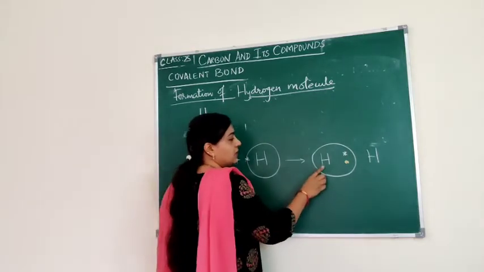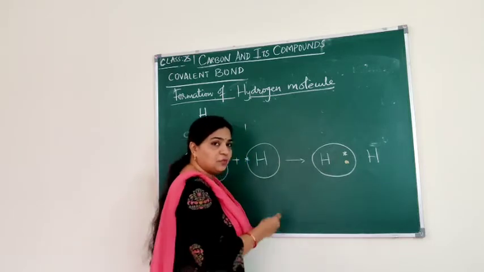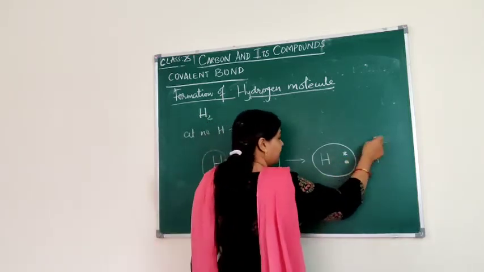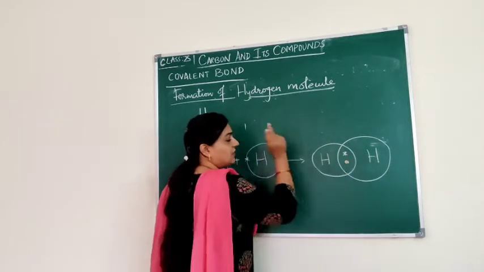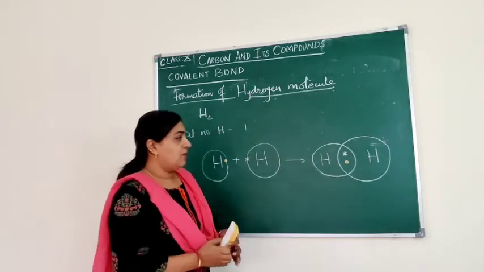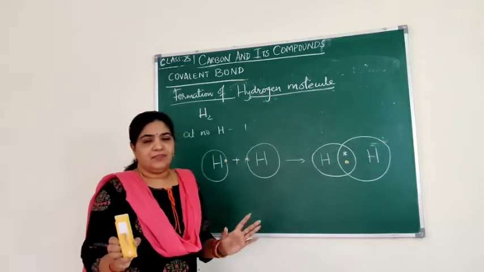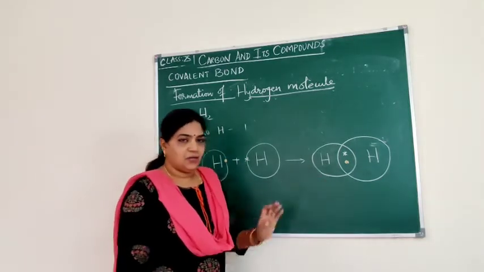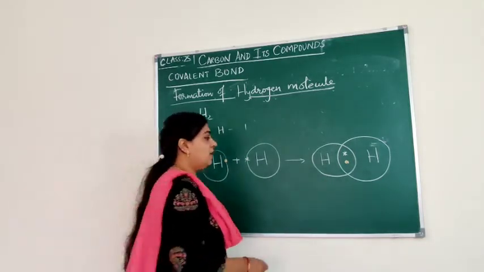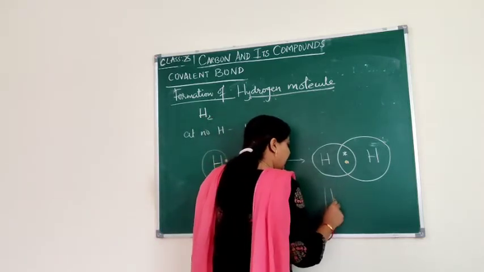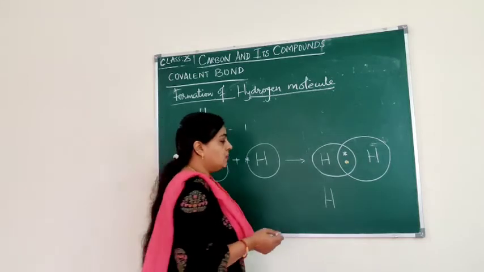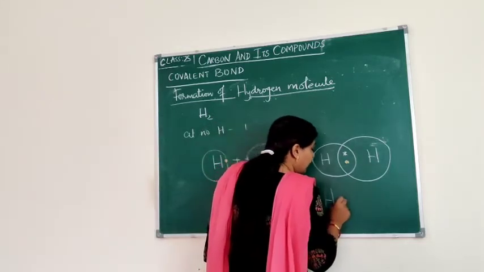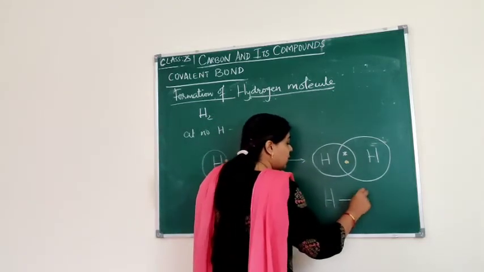Now you see this hydrogen has got 2 electrons, so it becomes stable, and this hydrogen also got 2 electrons. They are sharing the electron in the pool. How many electrons are being shared? Each is sharing 1 electron. As they are sharing 1 electron, we put this dash here.